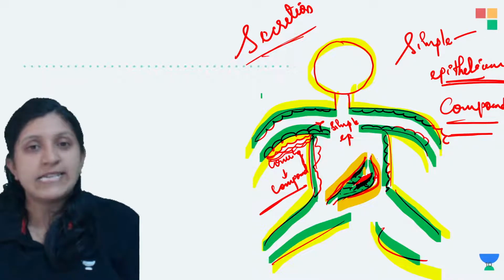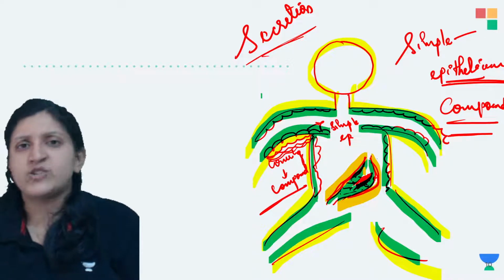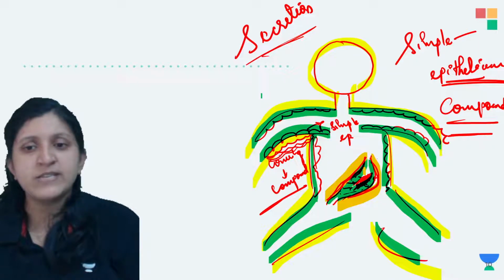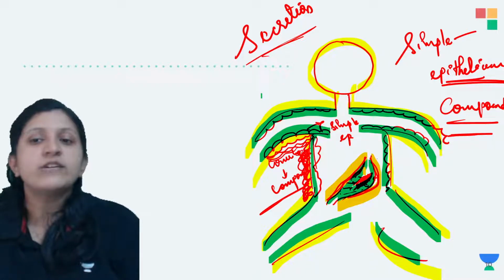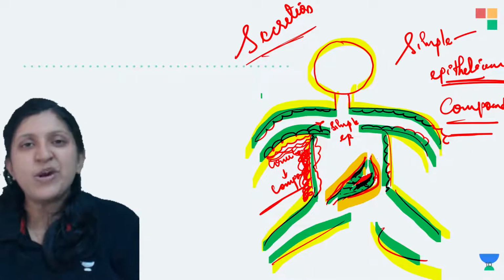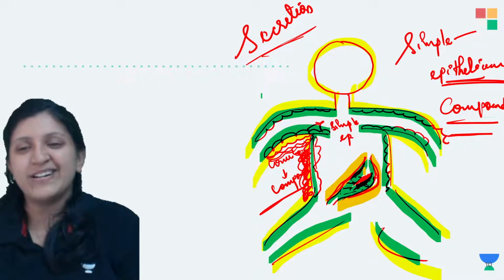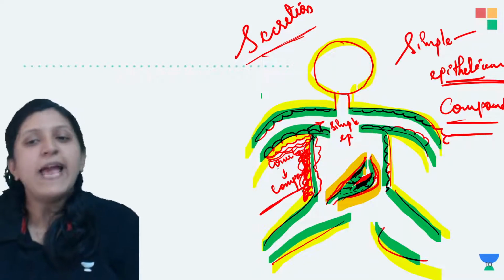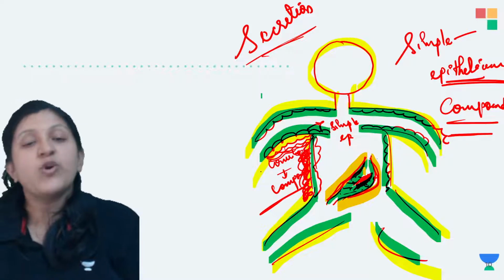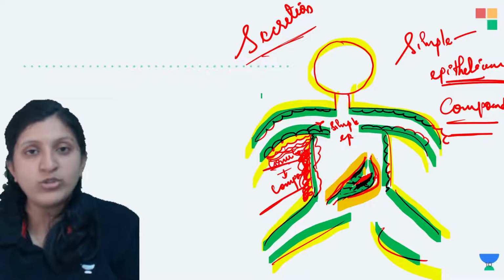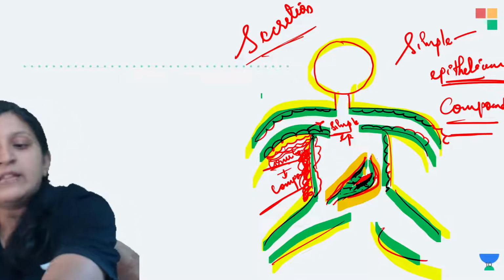So there are multiple layers. It's not that only one layer is present. Multiple layers of protection are provided to you so that you do not hurt yourself, but still we do hurt ourselves by doing different activities, but anyway this is there for protection. So for covering you can find a compound, for lining you can find the simple.